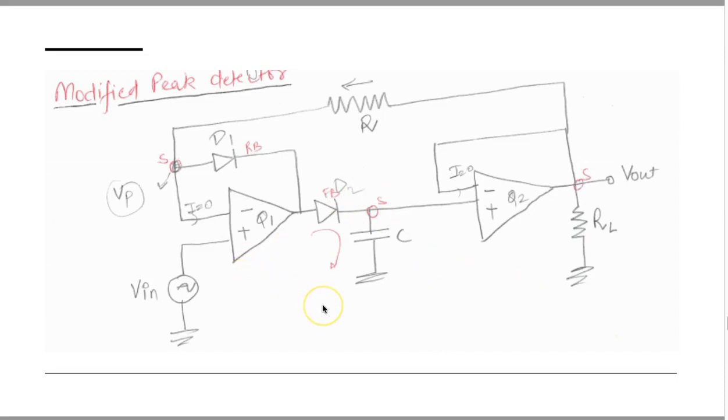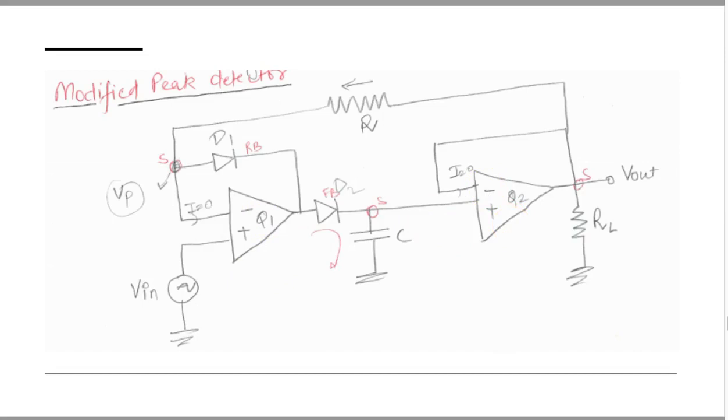Now in this modified peak detector circuit, you see that we have used two operational amplifiers, and then we have two diodes. Input is given through this, and in the middle you have this capacitor, and then a resistance is connecting the input of one op-amp to the output of the second op-amp. So Q1 and Q2 are your two op-amps.